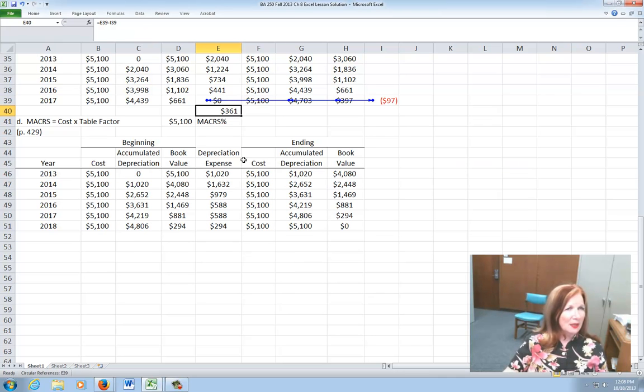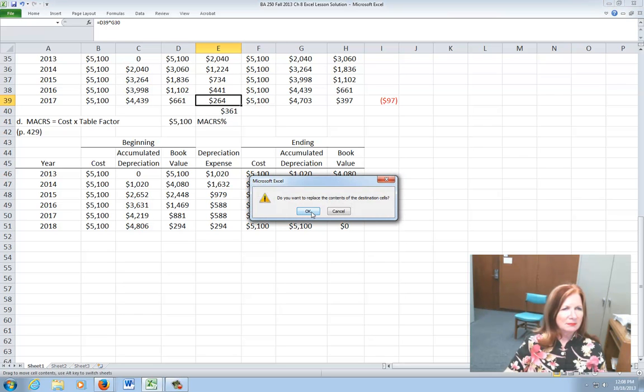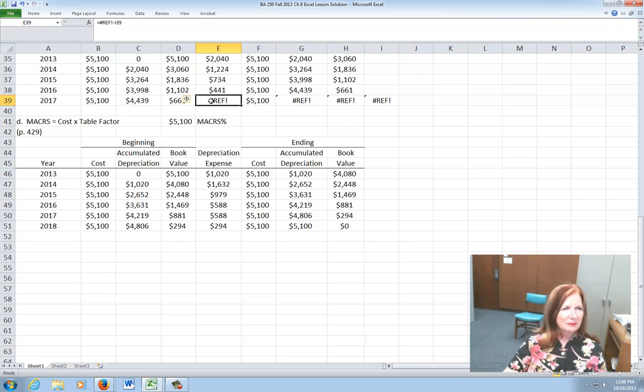So I will have to make this $361, and then I'm trying all kinds of ways to make this work, and it isn't working very well.